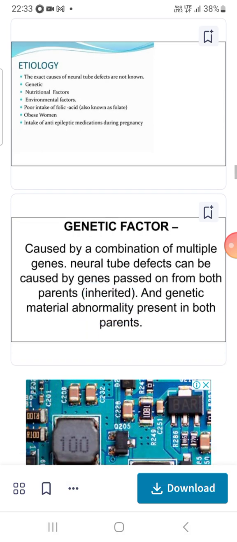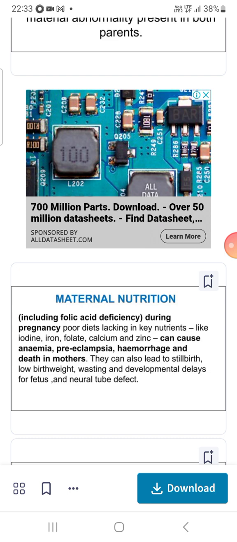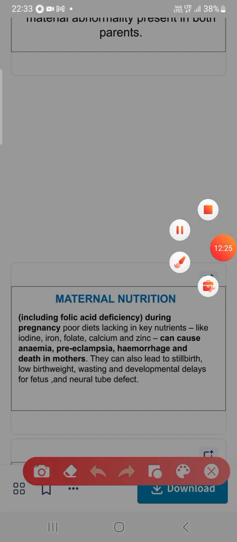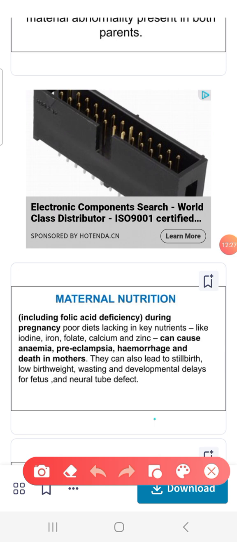These problems also create neural tube defects. Sometimes it is malnutrition, simply deficiency of vitamin B9. What is vitamin B9? It is folic acid. So folic acid deficiency during pregnancy, or poor diets lacking key nutrients like iodine, iron, folate, calcium, zinc.